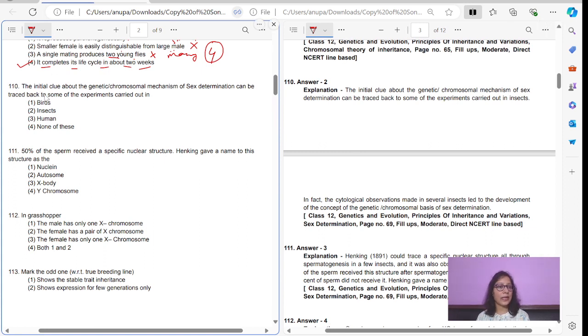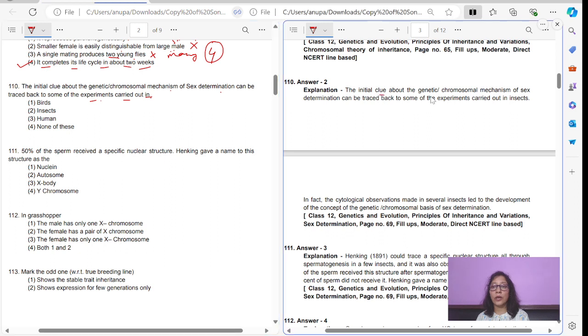This question states that the initial clue about the genetic or chromosomal mechanism of sex determination can be traced back to some experiments carried out in... which organism was the experiment conducted in initially?